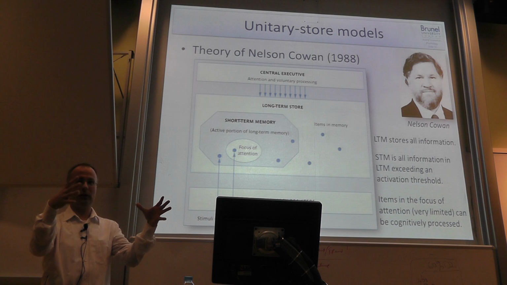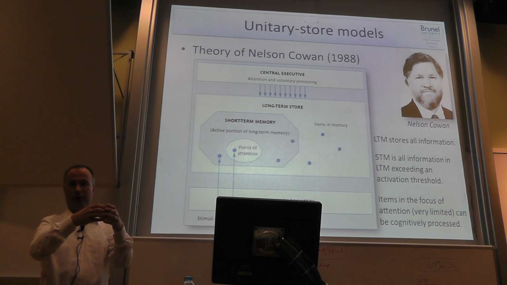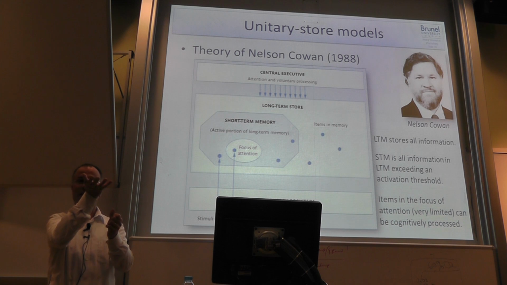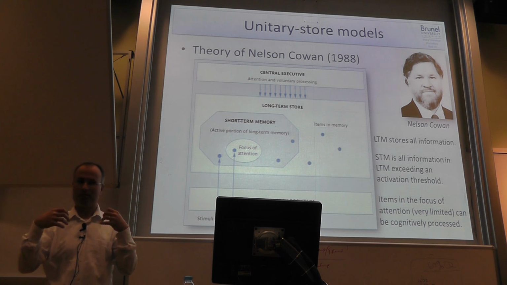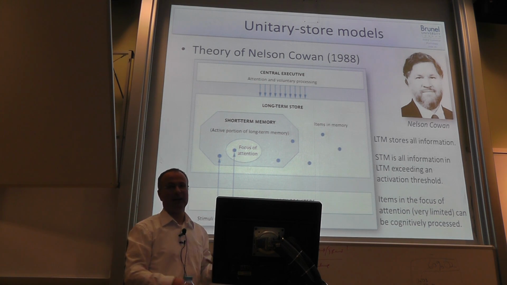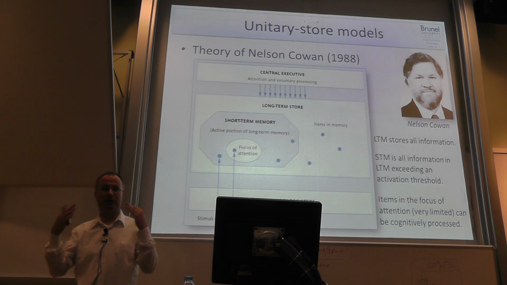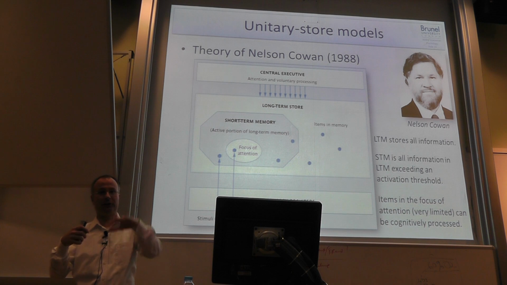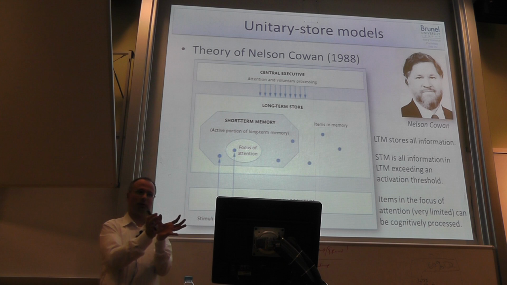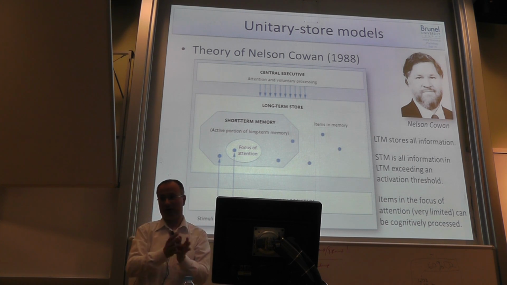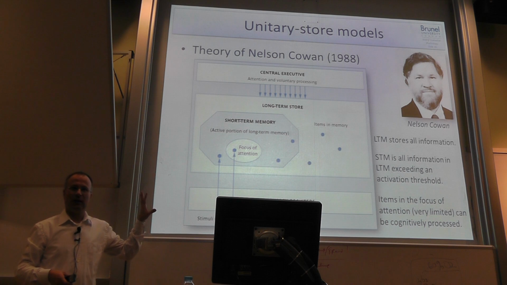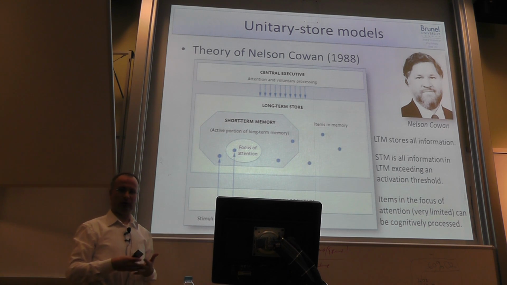You just have this one store and you have this word represented, and you just activate the present representation, and then it becomes available to our conscious access, to our short-term memory. And when we have used it and don't need it anymore, the activation goes down again, but the memory trace, the record, is always the same one we are working with. So this is just a very different concept of how our memory works.